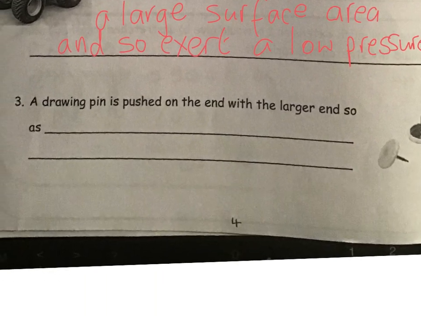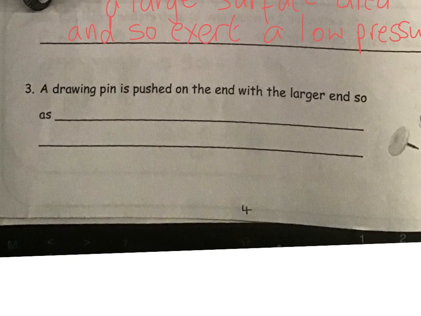And then the classic one that I always remember from school is the drawing pin, and they're specially designed. A drawing pin is pushed on the end with the larger area so that it doesn't hurt your thumb. Your thumb feels a low pressure.